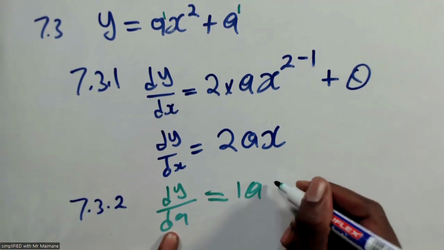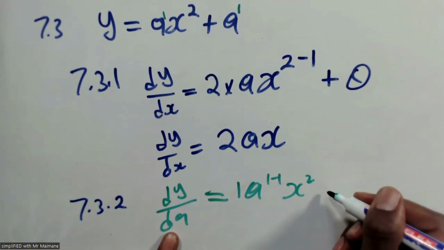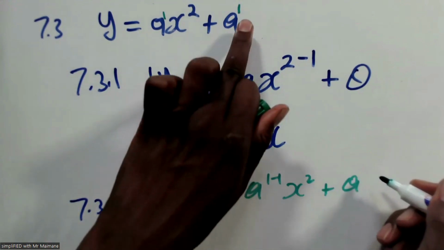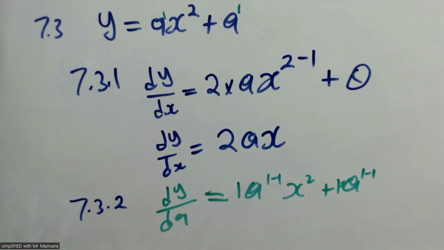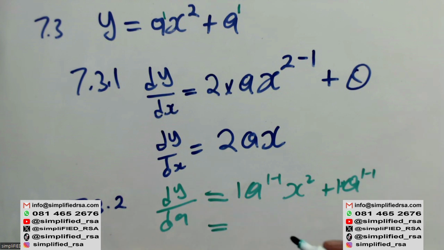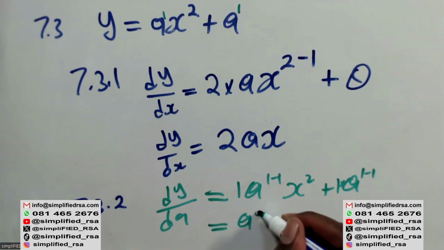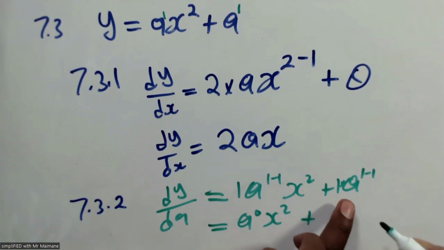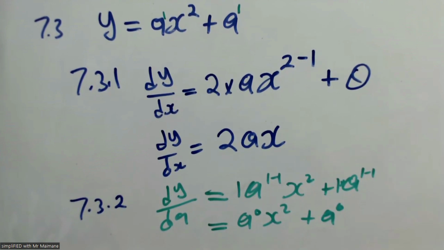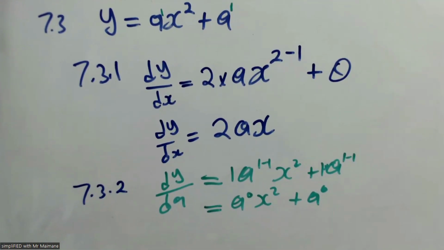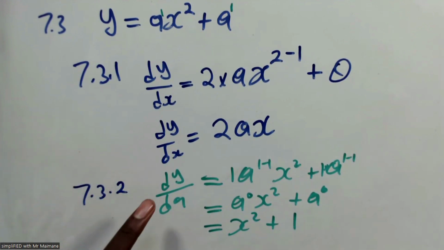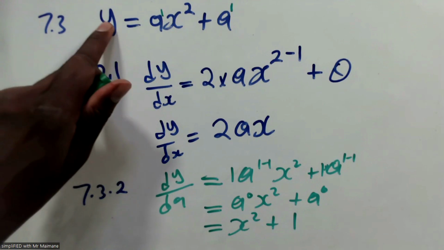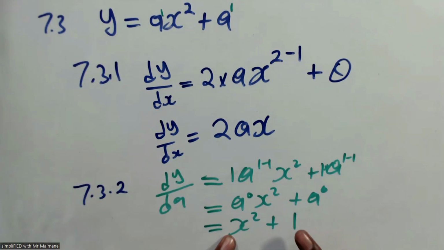So this is going to be 1 times a to the 1 minus 1, x squared, plus a, because the 1 comes in front, 1 times a to the 1 minus 1. 1 minus 1 is 0, so x squared plus 1 times a to the exponent 0. Any number to the exponent 0 we all know is 1. Therefore, to simplify further, we have x squared plus 1. So dy over dA for this is x squared plus 1.